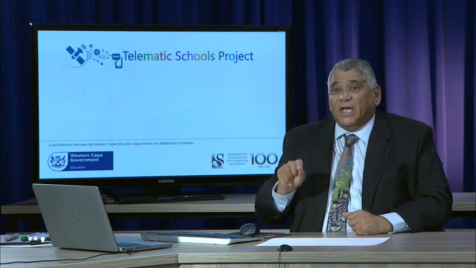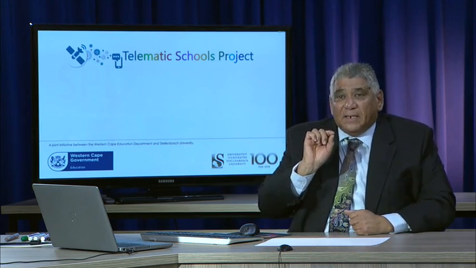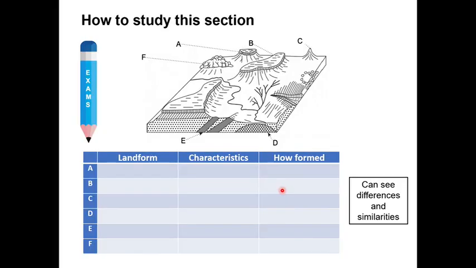And this is where you can really have a look at those questions with regard to a table. If you, for instance, have all our landforms here, and you have the characteristics, and you've got how formed.